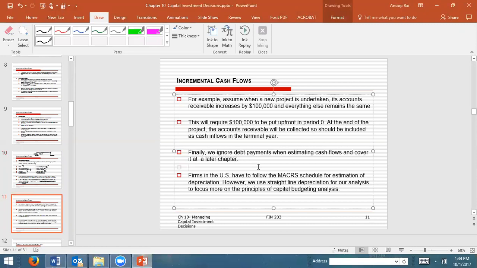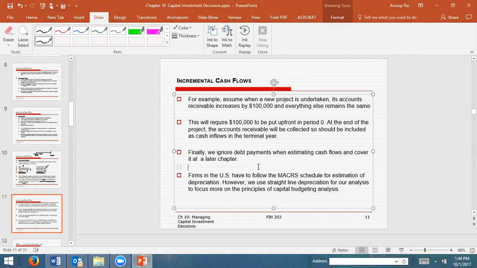We'll later teach you how to include it as a separate variable, so that when you evaluate projects, you're evaluating purely from a business perspective. Is this business good? After that, you can say, should I finance it with equity or should I finance it with debt? Because I know debt is cheaper, but that's a different story. We'll add that later on and say, well, you get further benefits if you add debt.